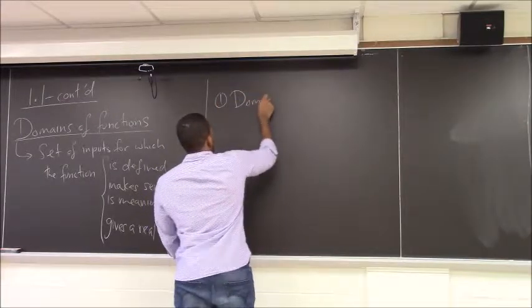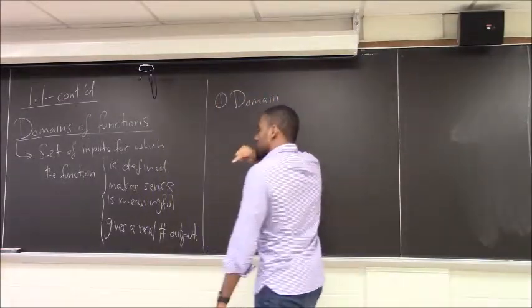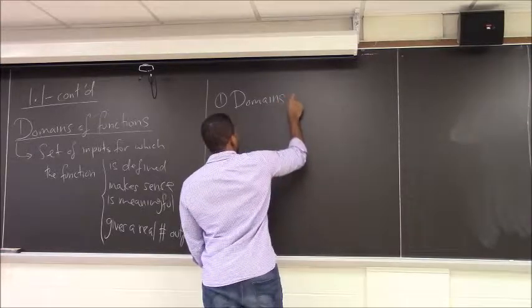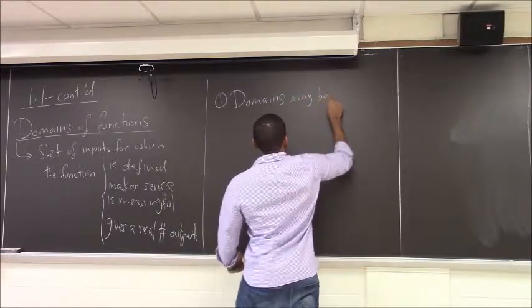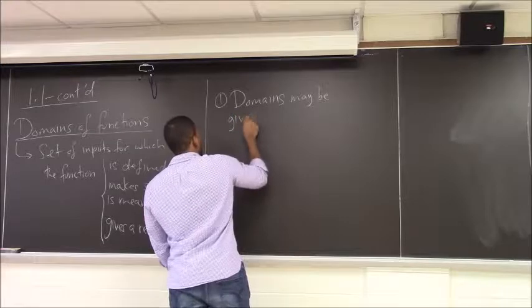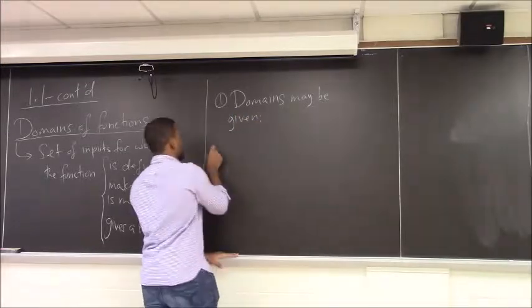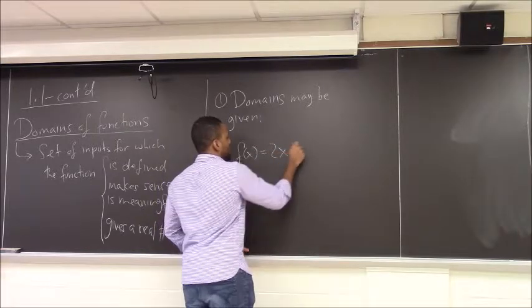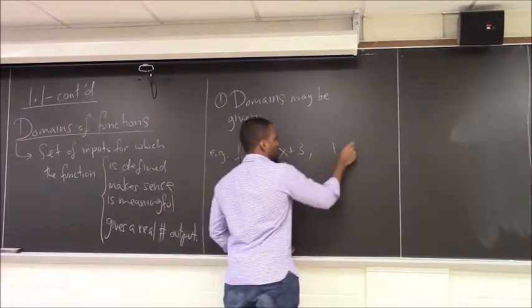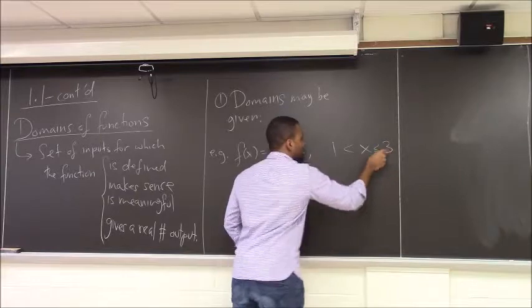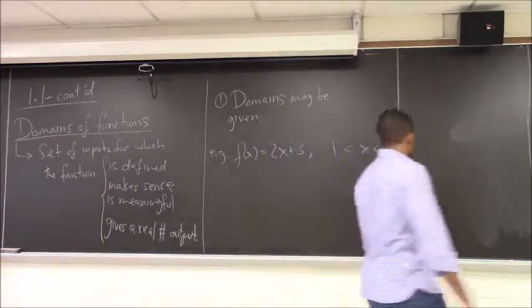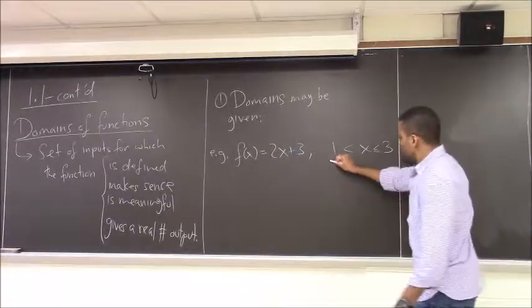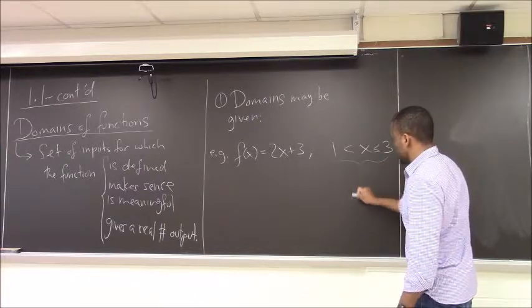There are two kinds of domains that we're going to be looking at. Restricted domains, so domains may be given. I can tell you the domain of a function. For example, I can say f of x is equal to 2x plus 3, and I can restrict you and say the x has to be between 1 and 3. In that case, this is the domain of the function, and it's given.